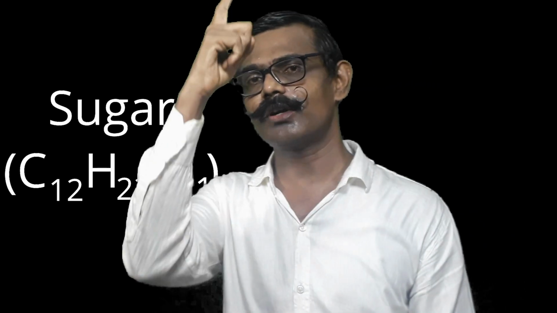Carbon atomic weight 12, oxygen 16, hydrogen 1. It is a hint to you. Apply this formula, apply Avogadro's number, and find out the number of species present in that small quantity. Then you will realize what chemistry is, how chemistry deals with micro, nano or further smaller level of particles. Yes, I am waiting for your answer in your comment box.